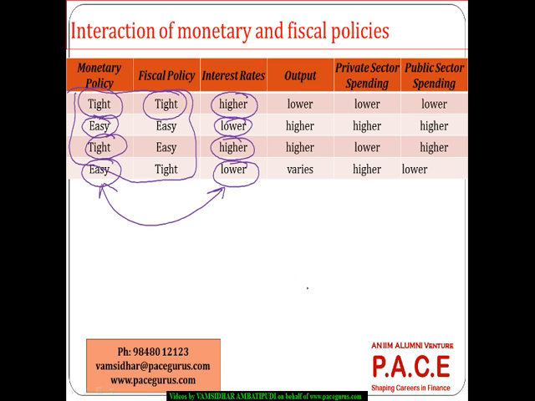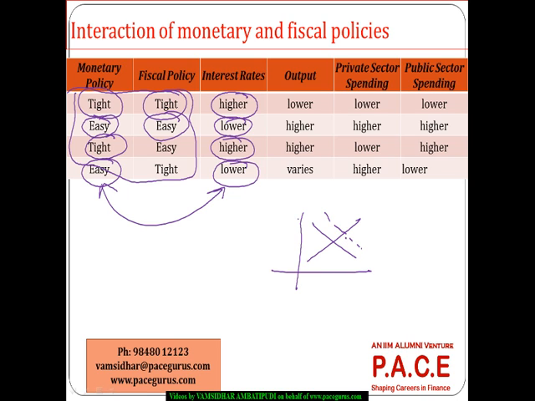Then, expansionary monetary policy is resulting in the output, or let's look at the fiscal policy. Expansionary fiscal policy is resulting in the aggregate demand curve shifting to the right.